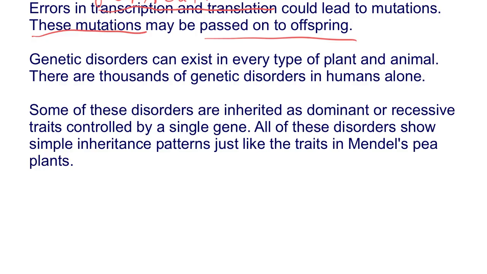So a lot of the genetic disorders or genetic diseases are due to mutations that cause a trait that's harmful. But it's a basic complete dominance kind of thing for most of these disorders.